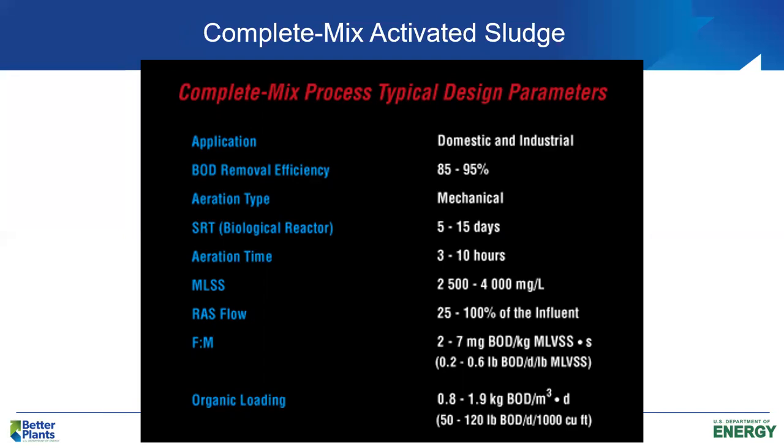The liquid doesn't stay in the process necessarily, some of it may stay in the process for a matter of 15 or 20 minutes. So we have short circuiting, and that may cause us to do a poor job of removal. And complete mix activated sludge process is more susceptible to filamentous bulking, especially if you have a lot of carbohydrates in the raw wastewater.